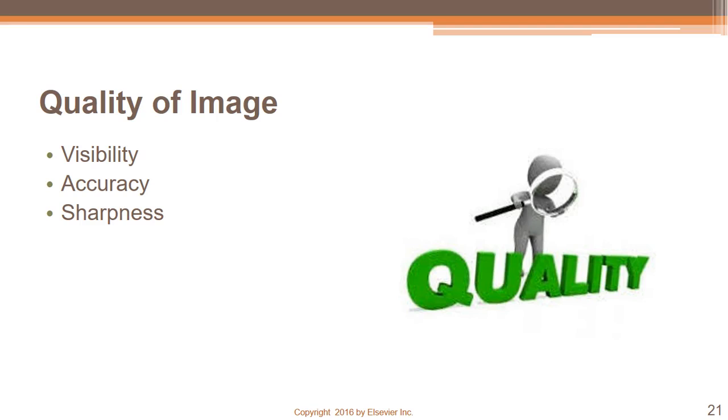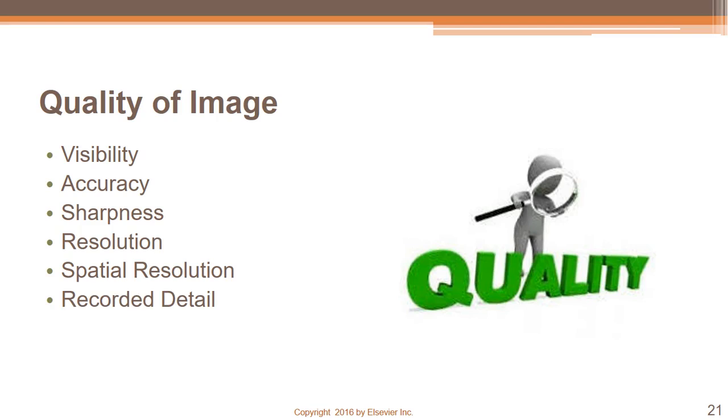So to obtain that perfect sharpness, we look at three other components, and that's resolution, spatial resolution, and recorded detail. You're going to say, well, resolution and spatial resolution, they're actually two different things. So let's go through all of those.